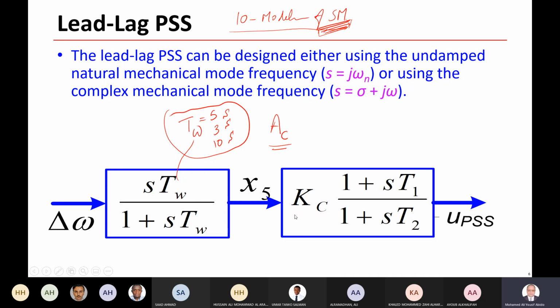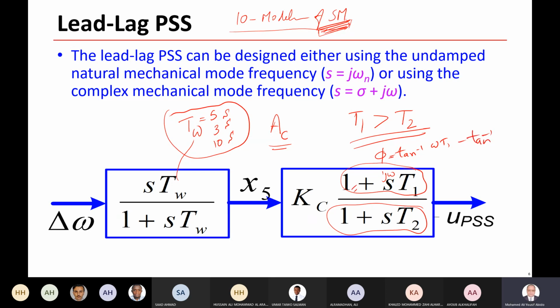We need this block to provide us with phase lead, so definitely T1 will be greater than T2 in order to get the positive phase angle for this block. Angle of numerator minus the angle of denominator, and phi here equals tan inverse of the imaginary part, omega T1 over 1 real part, minus tan inverse omega T2, the angle of the denominator.